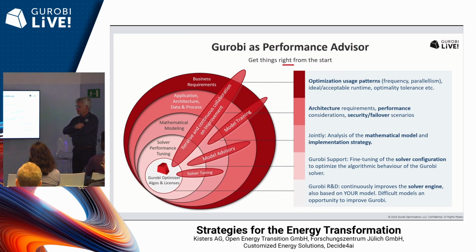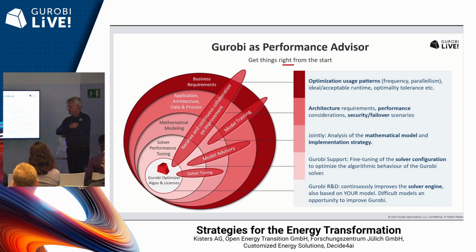Once we've covered that step, we go into architecture discussions. We can discuss what we have seen with other customers. We can give you suggestions on how to best set up your optimization pipeline, if you might call it this way. And then we can also discuss other performance considerations and security and failover scenarios.